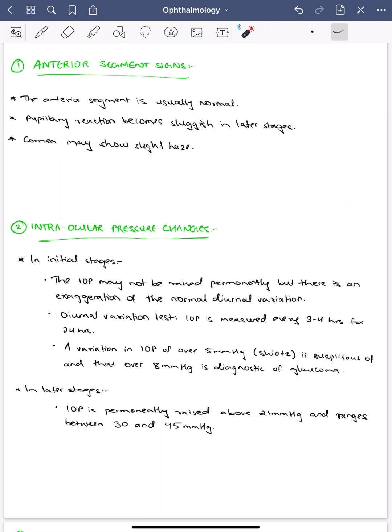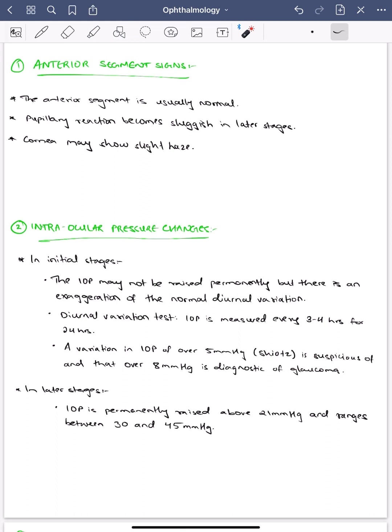Note, the normal intraocular pressure ranges from 10 to 20 mmHg, and this is the second sign, intraocular pressure changes. This can be divided into initial stage and later stage. In the initial stage, it is not permanently raised, but there is an exaggeration of the normal diurnal variation, and for this we do the diurnal variation test. If the intraocular pressure change is over 5 mmHg, it is suspicious of glaucoma, and if it's over 8 mmHg, it is diagnostic of glaucoma. In later stages, it is permanently raised above 21 mmHg.